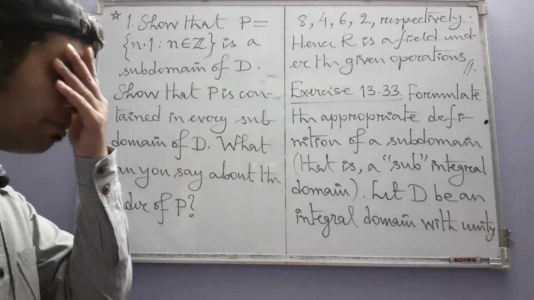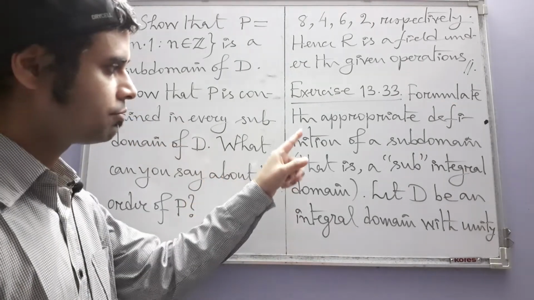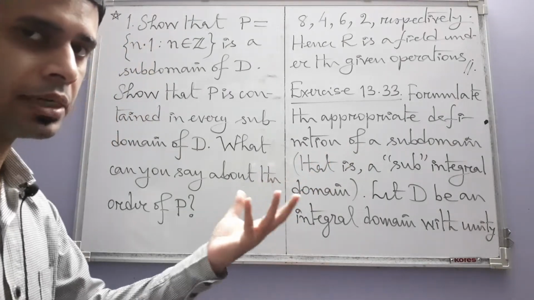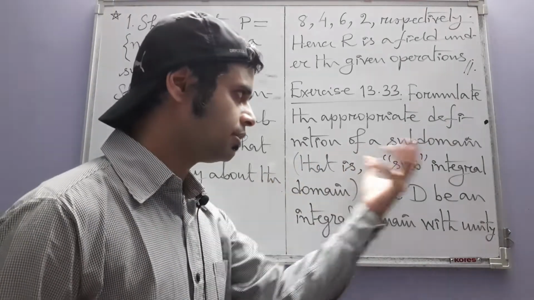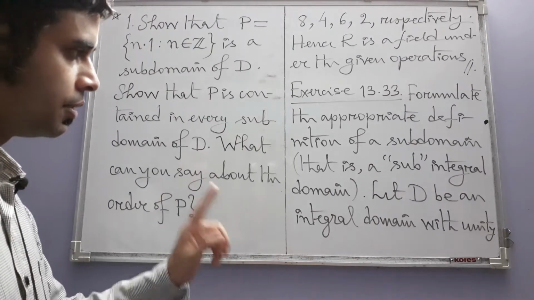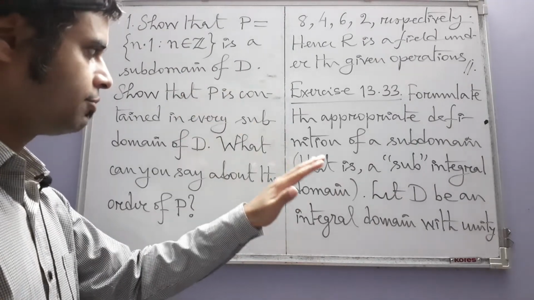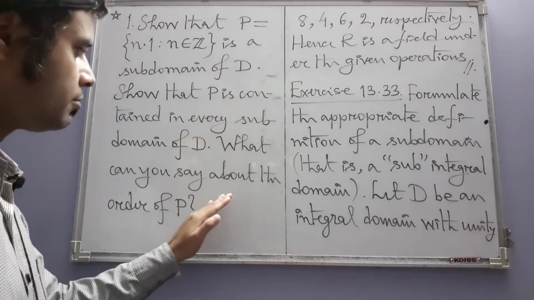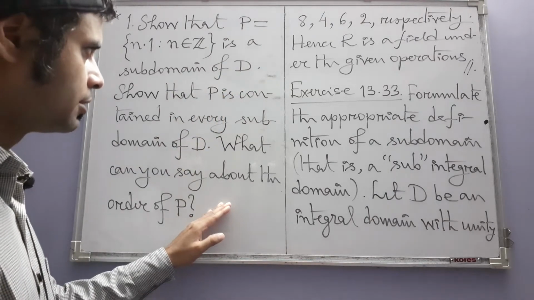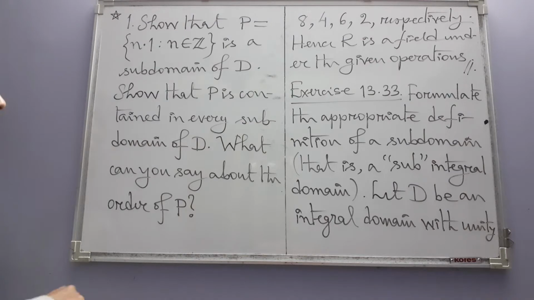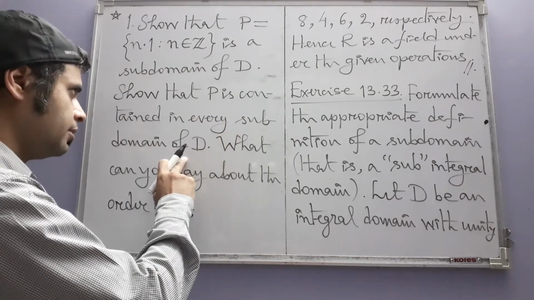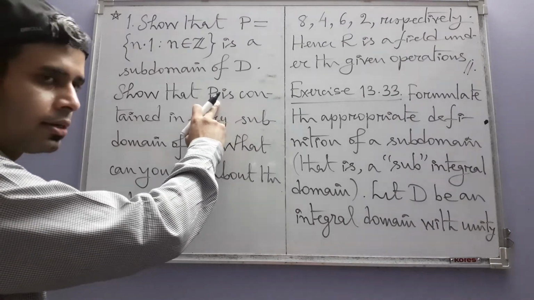So we have three parts in this exercise. We must first have an appropriate definition of a subdomain. Then under that definition, we have to prove that this P is a subdomain of D. Okay, so there are four things. Then we have to prove that any subdomain of D contains P inside of it.